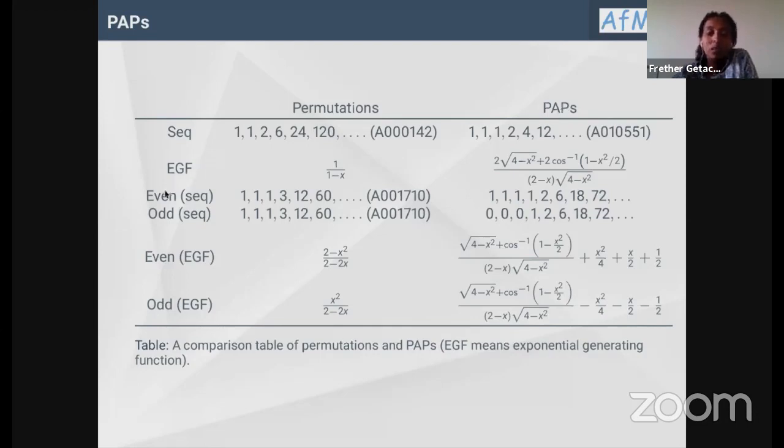Distinguishing them by parity, we have these two sequences for the permutations, and these two sequences for the PUFs, and their exponential generating functions are compared like this.